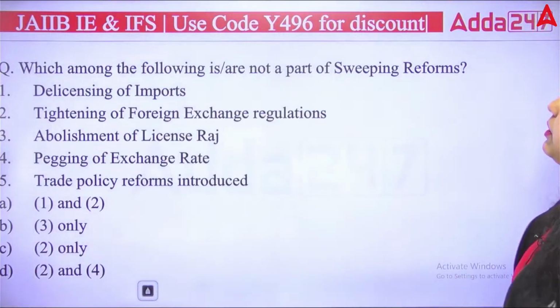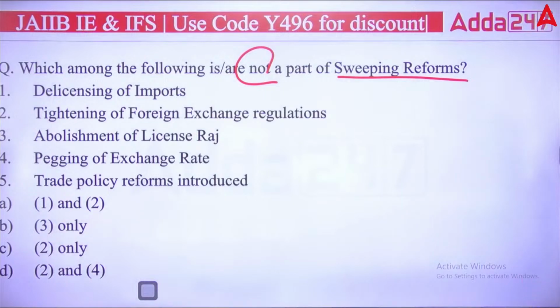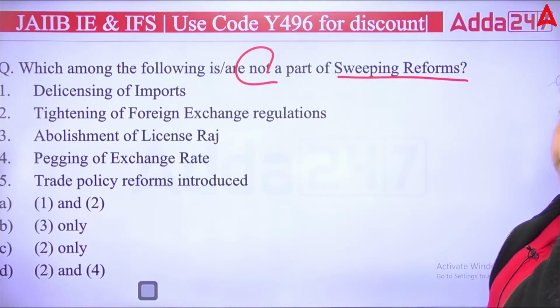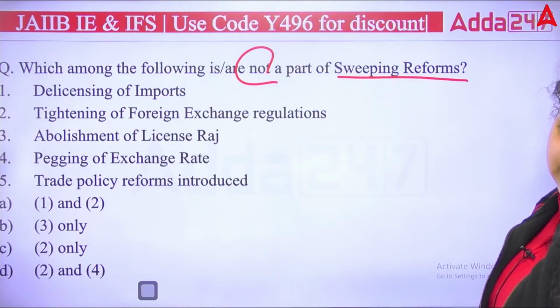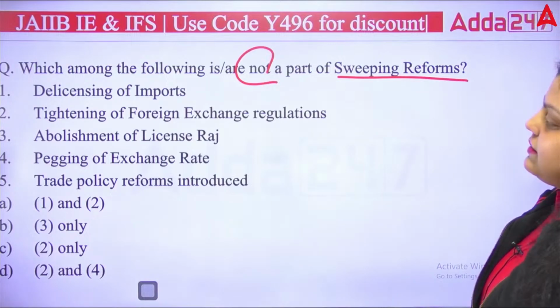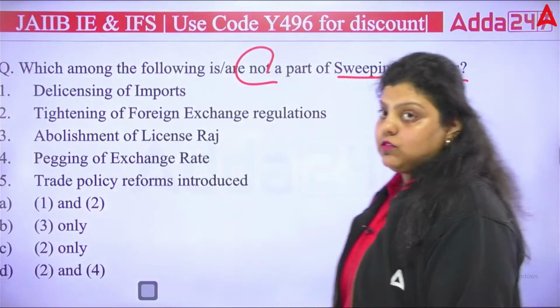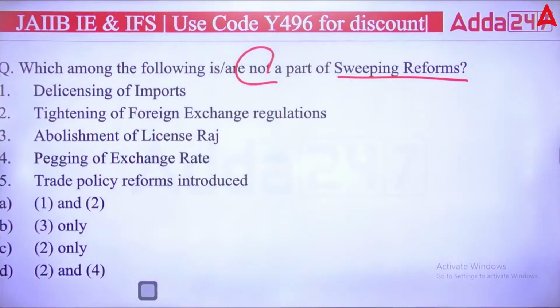The first question asks which among the following is not a part of sweeping reforms. Out of these, which of the following is not a part of your sweeping reforms? First is delicensing of import. Second is tightening of foreign exchange regulation. Third is abolishment of license Raj. Fourth is pegging of exchange rate. Fifth is trade policy reforms introduced.